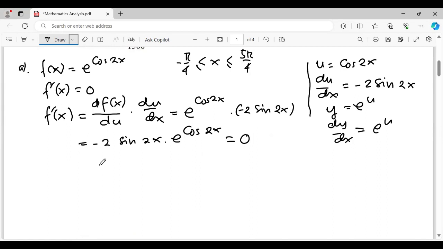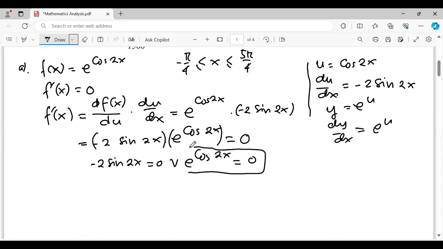So there are two possibilities: minus 2 sine 2x equals 0, or e power cosine 2x equals 0. But for this one, there is no solution. The solution we got is on this part: minus 2 sine 2x equals 0, because 0 over minus 2 is 0.